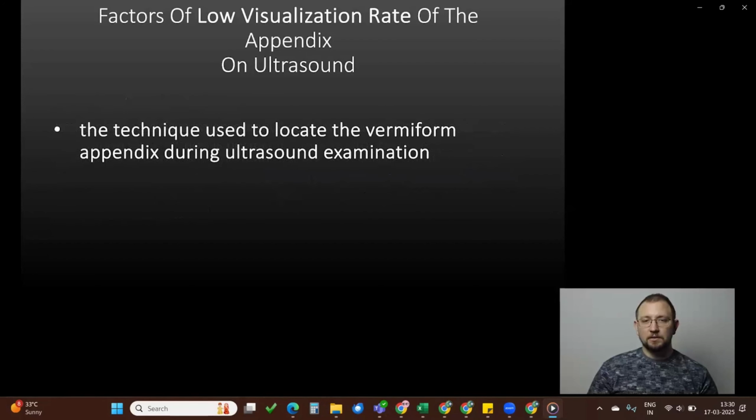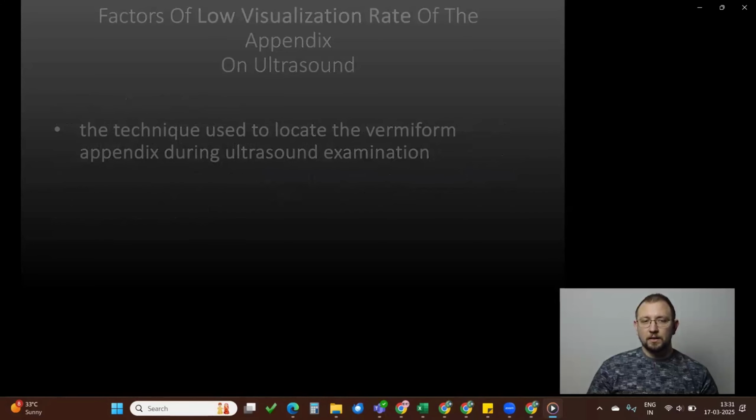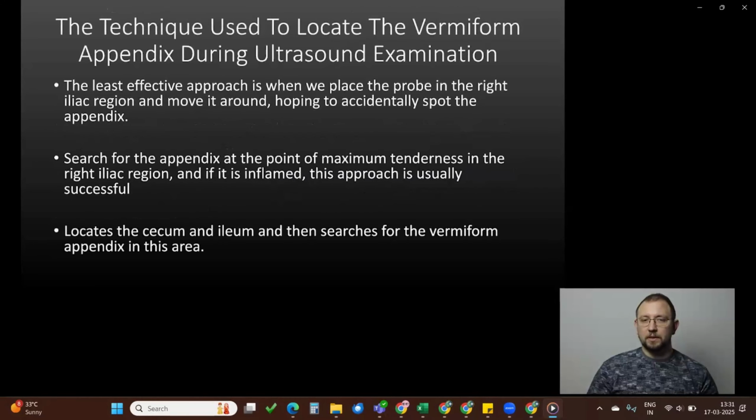Another factor is the technique used to locate the vermiform appendix during ultrasound examination. The least effective approach is when they place the probe in the right iliac region and move it around hoping to accidentally spot the appendix.